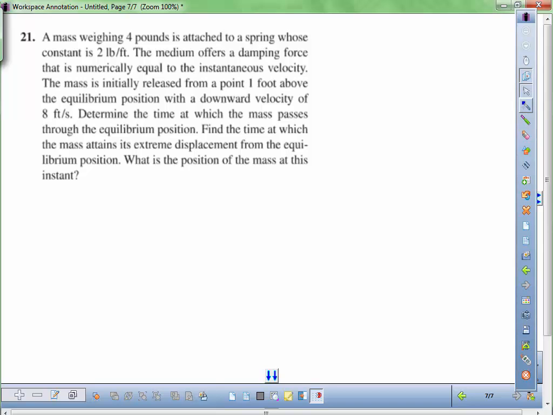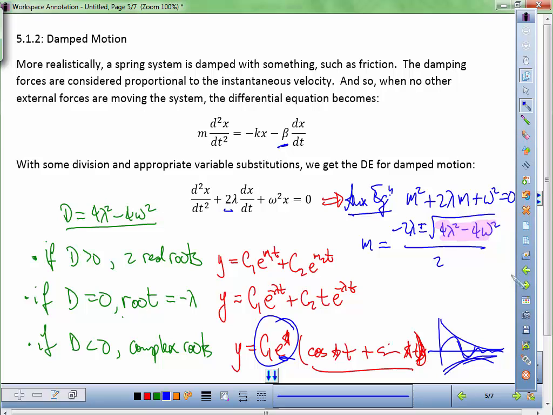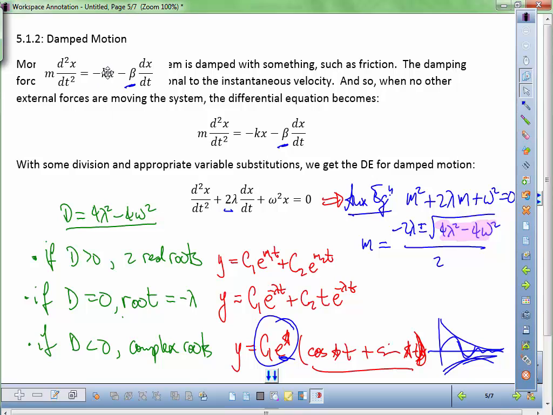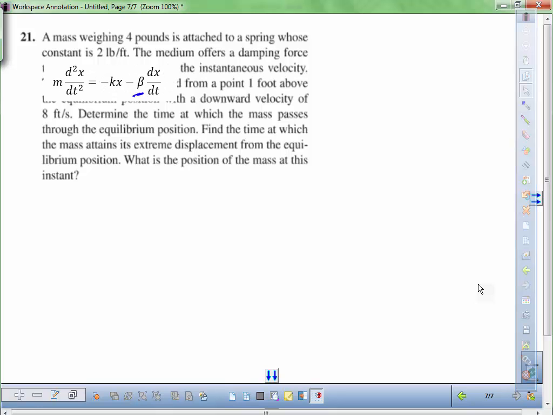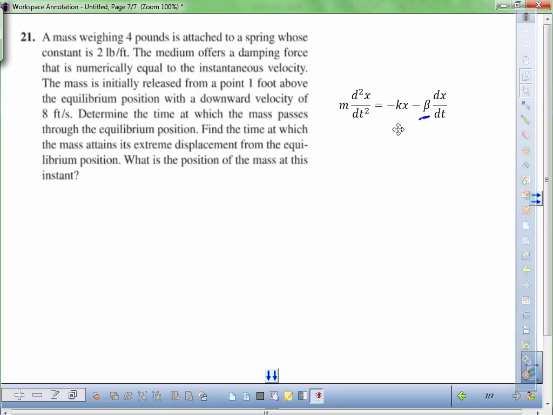Okay, let's see. So the mass is 4 pounds. So our differential equation should look something like this, right? So let's cheat and copy this. And then eventually we'll get them over to one side and figure out what the omega and lambdas are.